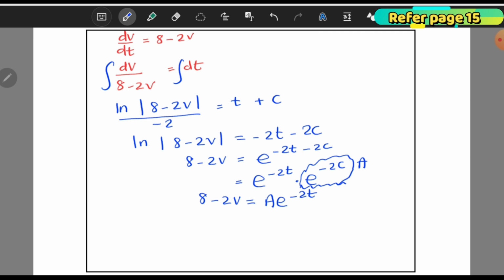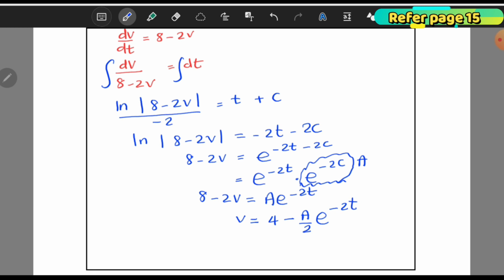And by rearranging the equation, we have v equal to 8 minus A e to the negative 2t, divided by 2. So v equals 4 minus A over 2 e to the negative 2t.